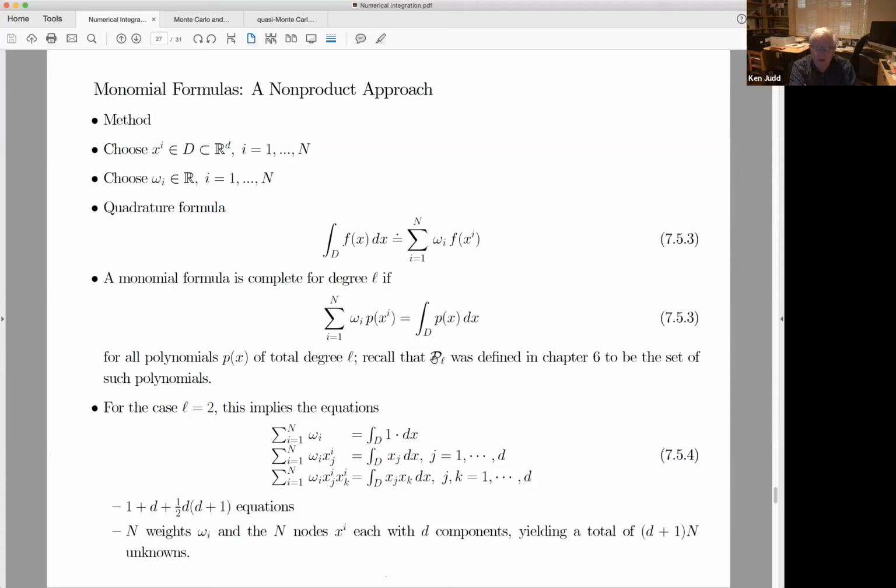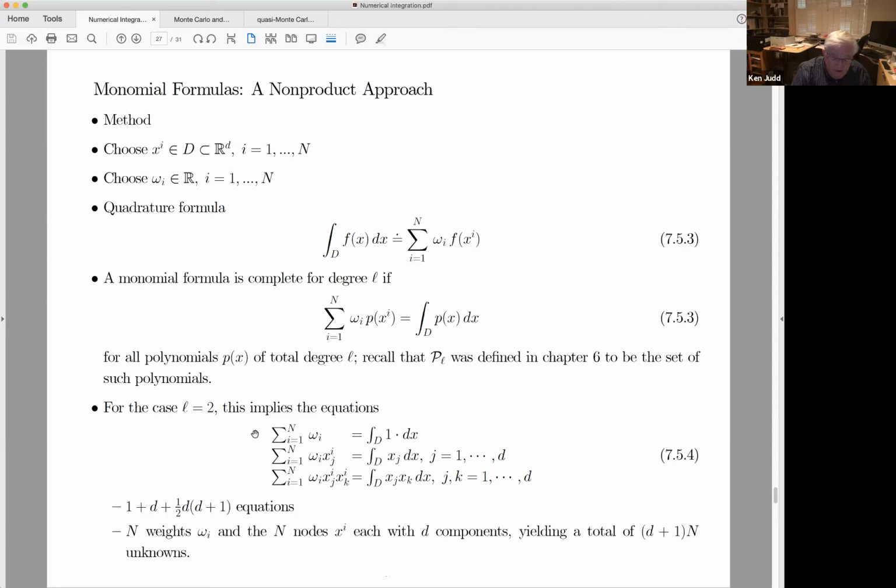The way you think about multivariate polynomials, when you say that a monomial, a product of powers of x and y and z, has degree L, what that means is that the summation of the powers is bounded above by L. So x squared, y cubed, z fourth is a degree 9 monomial. You add the powers and that gives you the degree of the monomial. That's what you need to know.